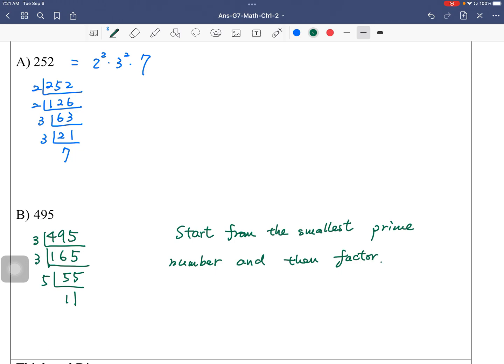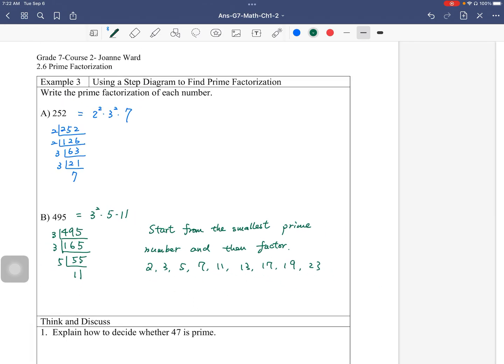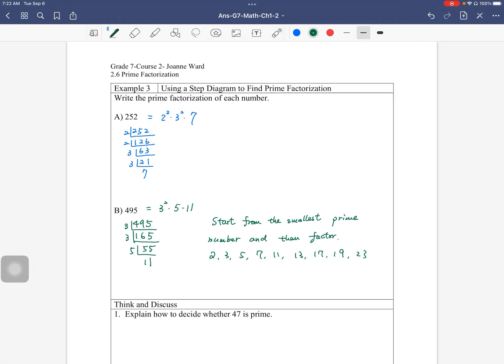So start with 2, 3, 5, 7, 11, 13, 17, 19, 23, and then keep factoring until there's no more. So, like this. Okay, then let's do think and discuss.